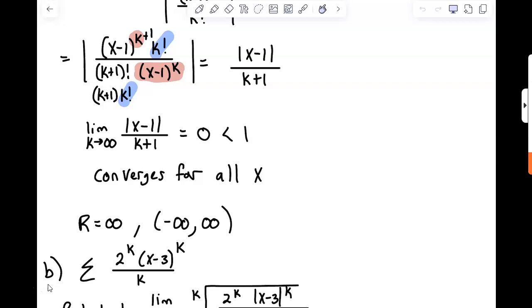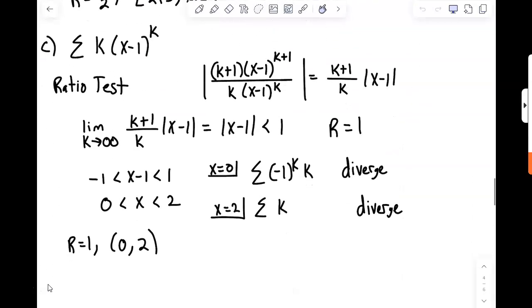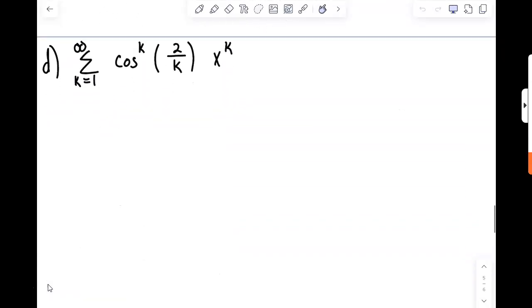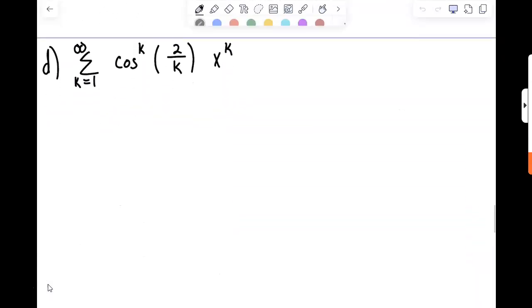So let's go ahead now and take a look at one more example here. Here we're dealing with the series cosine raised to the k power of 2 over k x to the k. So we want to check the convergence of this as k goes from 1 onward to infinity.